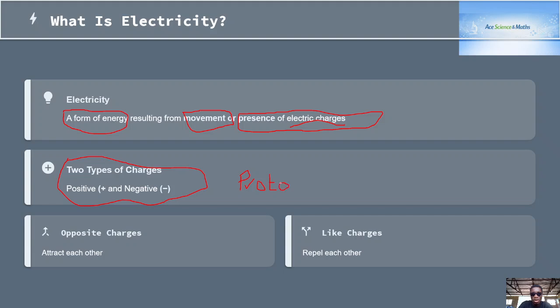We have electrons. And then we have, sorry, that is R. Then we have what we call neutrons.